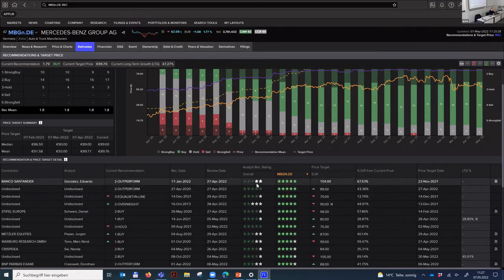So what you also see here is an analyst recommendation rating. This is a rating on how the analyst performed for his forecasts. Why do I bring this up? Because I think you should know about this in capital market theory as well.